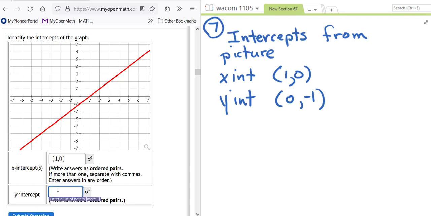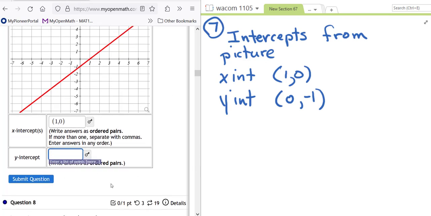And y-intercept, click in the box, and I have to go up some to get it. It's not going to give me the template. Okay. So I can type the parentheses from the keyboard. 0, comma, negative 1.